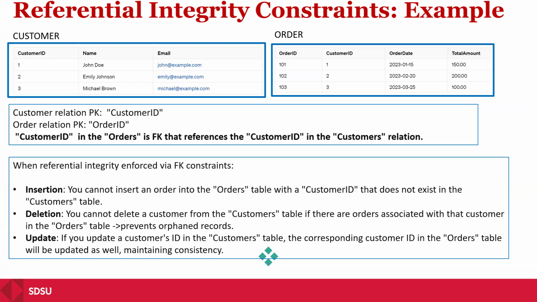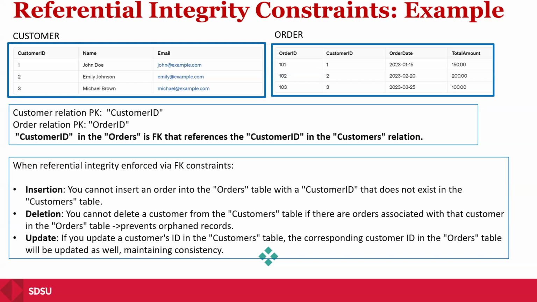So if we insert something in the order table for a customer that doesn't exist, this data will not be allowed to be inserted, based on the referential integrity constraint implemented on the database side.